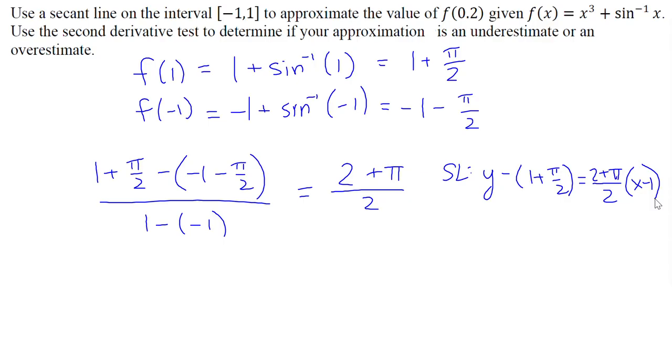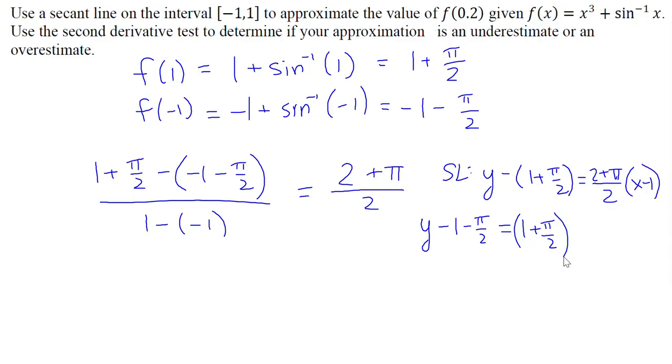And now we'll just need to evaluate this at 0.2. So that'll give us y minus 1 minus pi over 2, when I distribute that out, is equal to, I'm going to rewrite the 2 plus pi over 2 as just 1 plus pi over 2 for now.